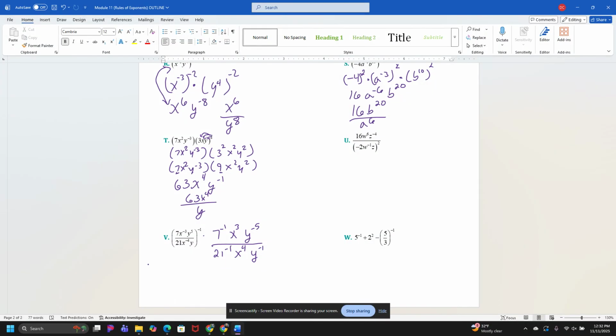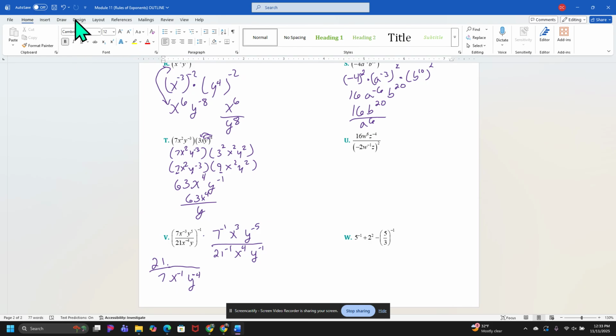Okay. So then we have to switch flop. So 21 over 7. The x things are fine the way they are. 3 minus 4 is negative 1, so you've got x to the negative 1 down here now. A minus 5 and a minus 1 make negative 4.